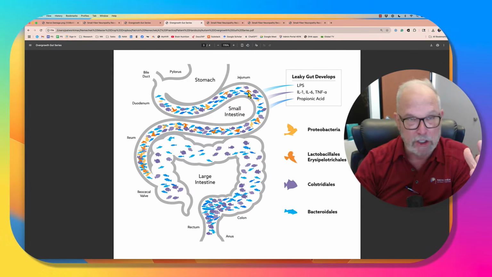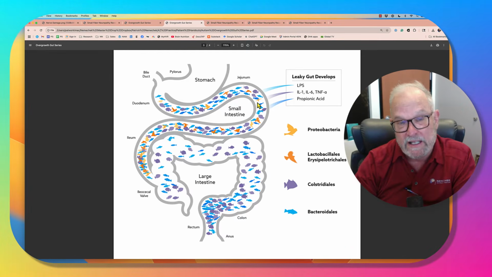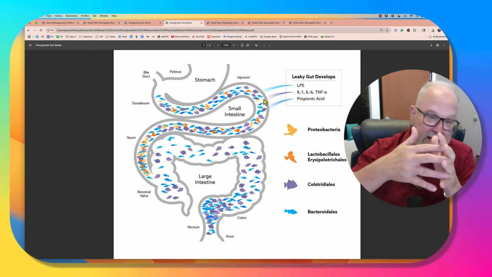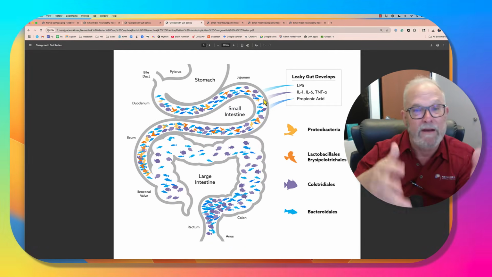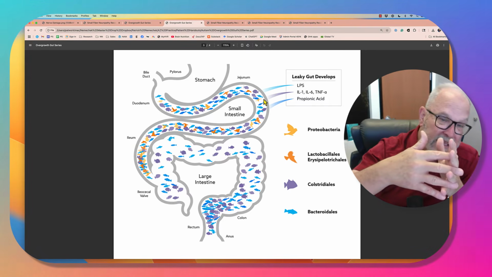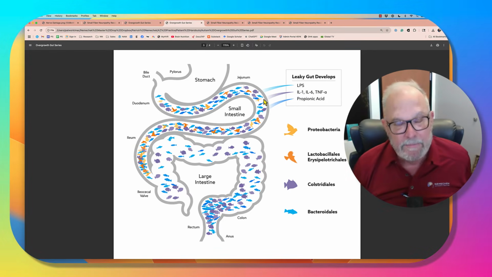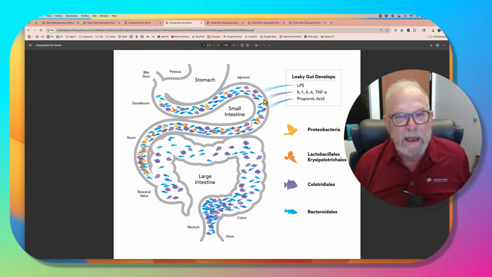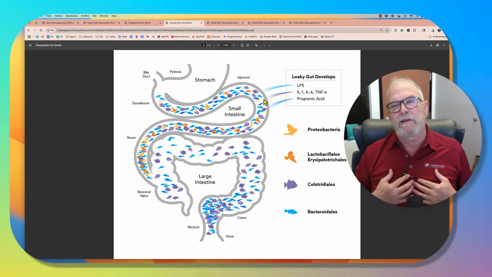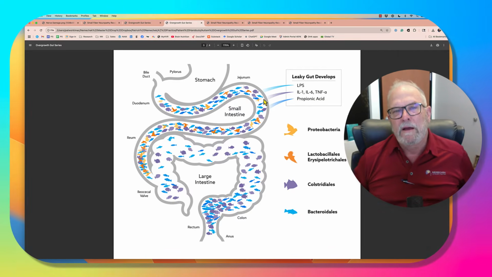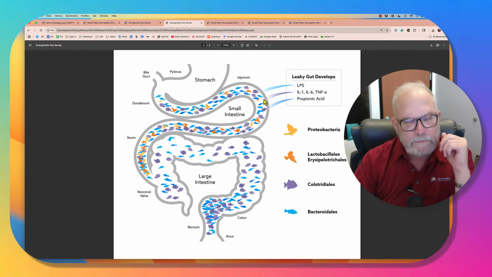In large numbers, it overwhelms the small intestine, and fragments, molecules of the bacteria and viruses and other things in there can leak through into your body and trigger a massive amount of inflammation, okay? And this, in my experience, is the primary cause of small fiber neuropathy.